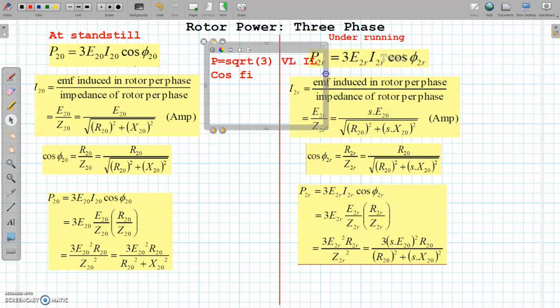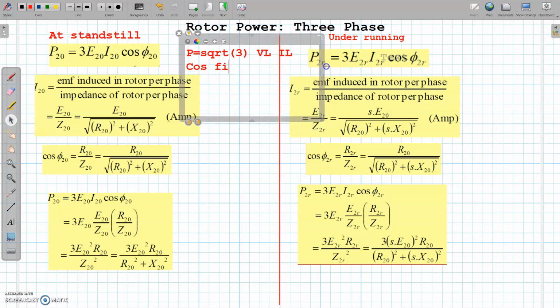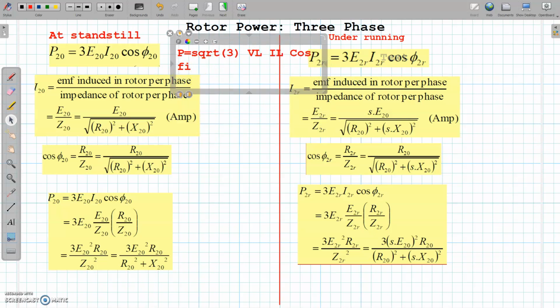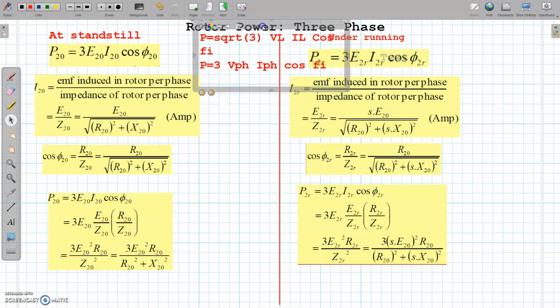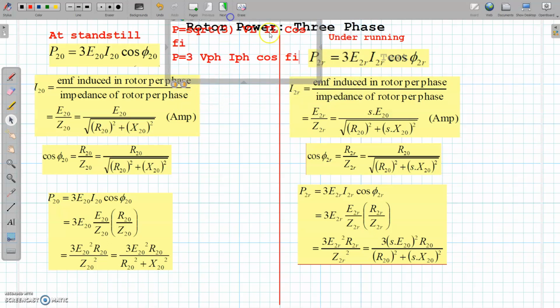This is the equation when we calculate the power in terms of line quantities. But if the power is to be calculated in terms of phase quantities, then this power equation will become 3 into VPH, the per phase voltage, into IPH into cos phi. So here we are using the per phase quantities.